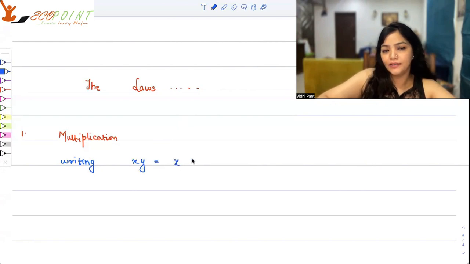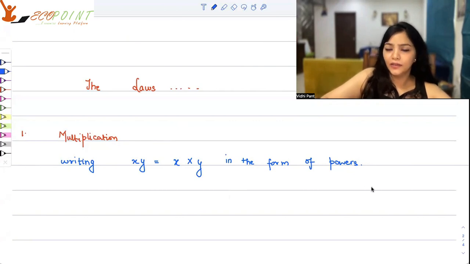If you write it in the form of powers, you remember what we had just learned prior to this, that a to the power log base a of x is equal to x.